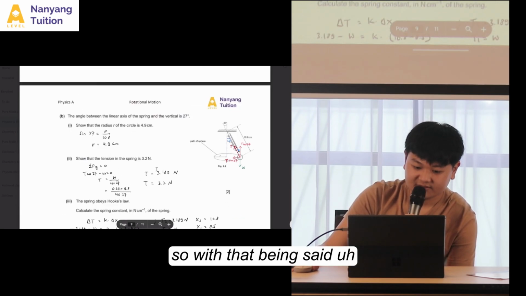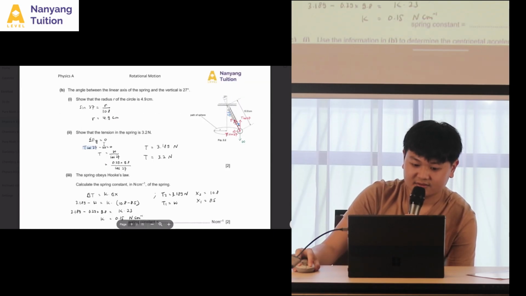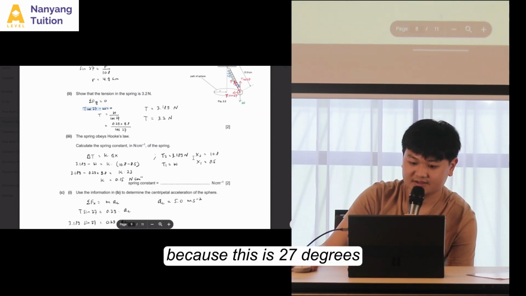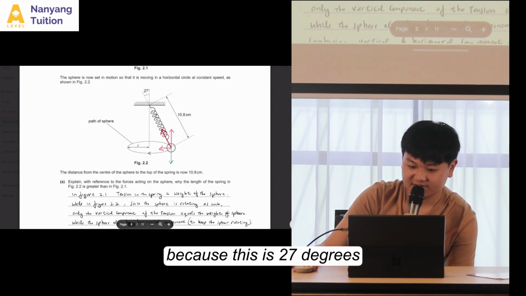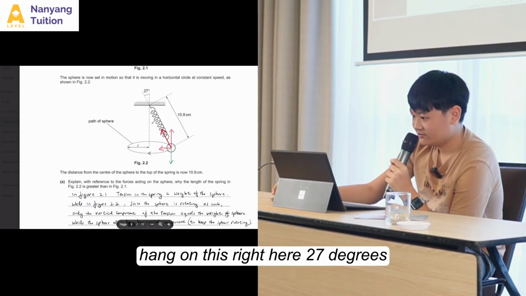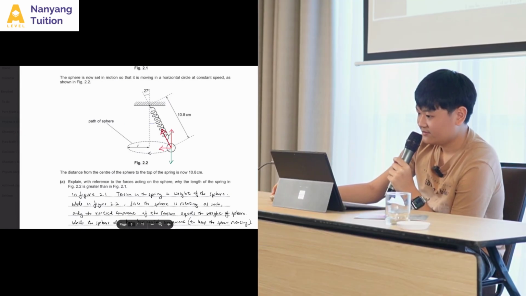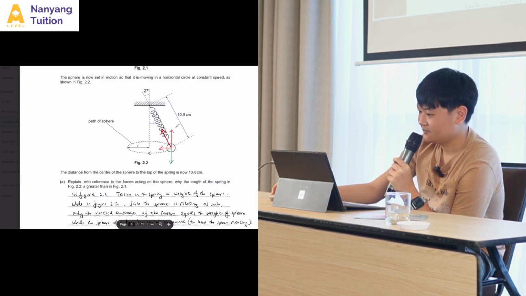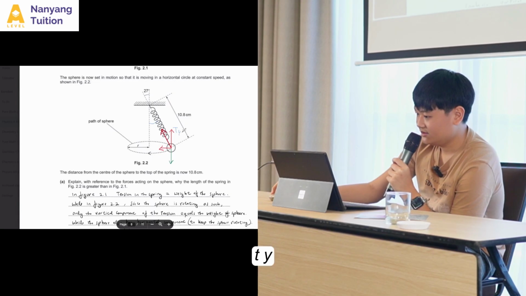So with that being said, T cos 27 minus the weight, because this is 27 degrees. Hang on. This right here, 27 degrees. And we're trying to find this one, Ty.